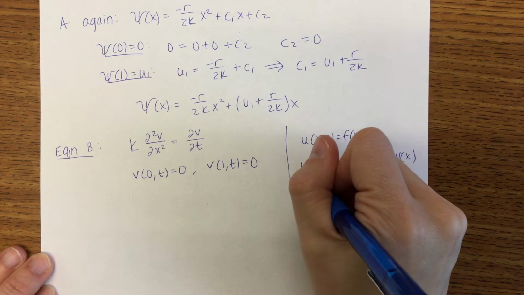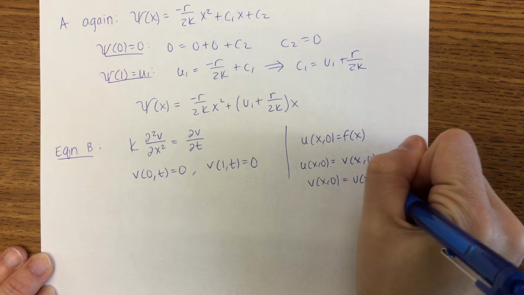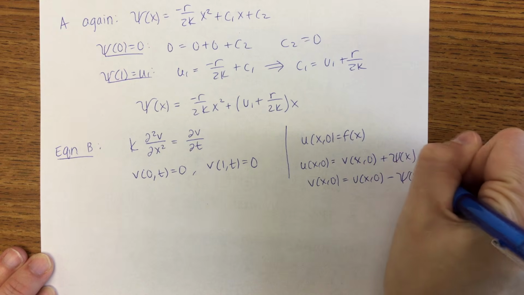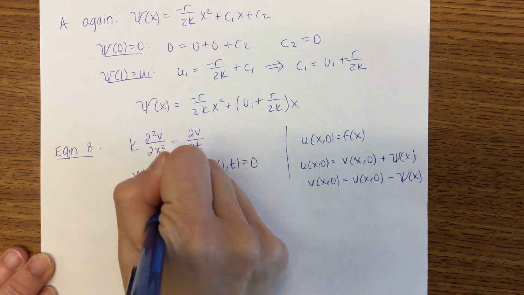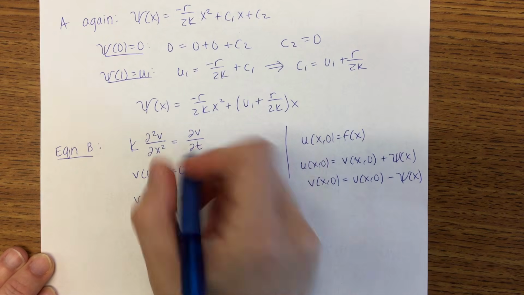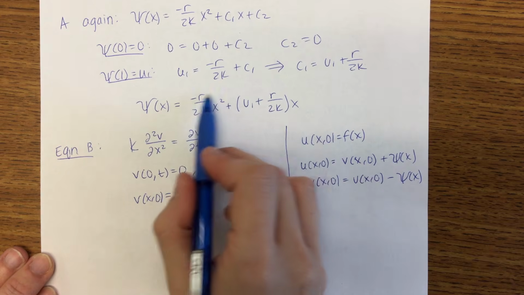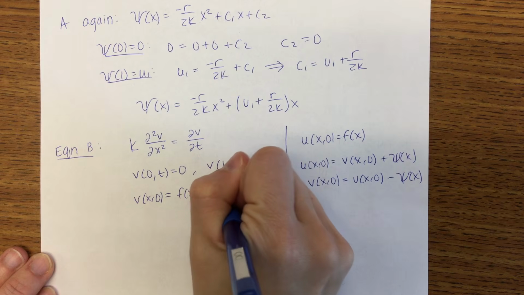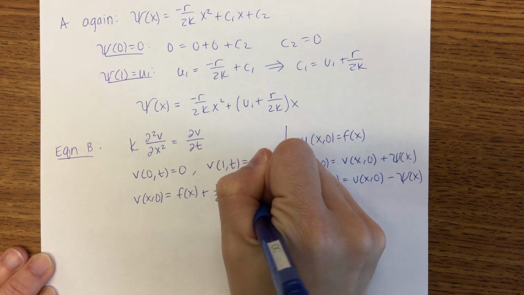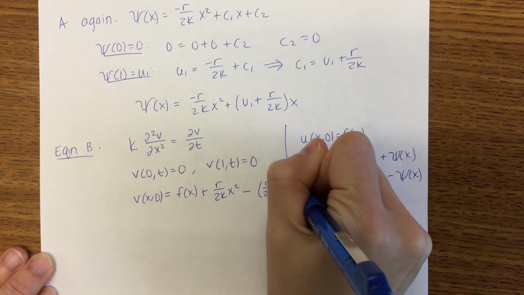How that helps us is it shows us that v of x,0 will be equal to u of x,0 subtract psi of x. So our v of x,0 then is equal to u of x,0, so that's f of x, subtract psi of x, so subtracting all of this. So that ends up being plus r over 2k x squared minus r over 2k plus u1 times x.